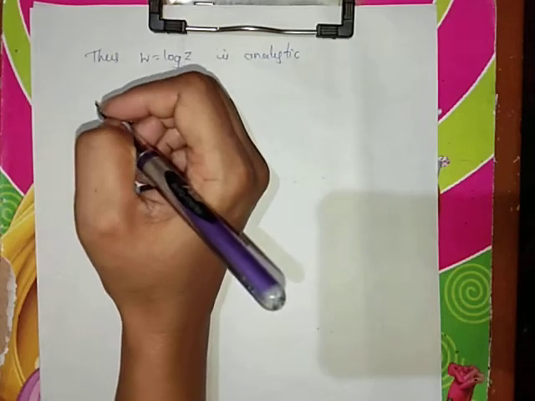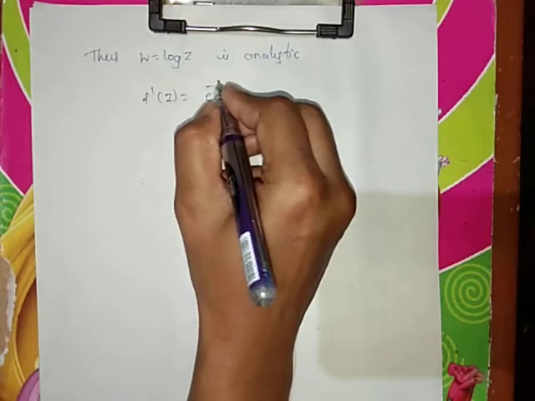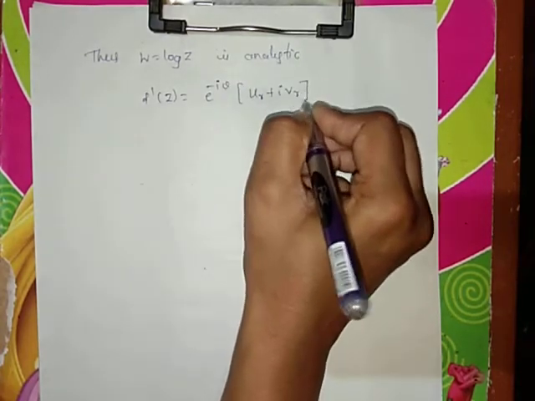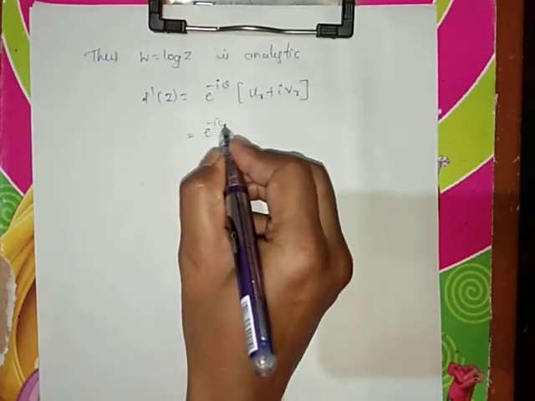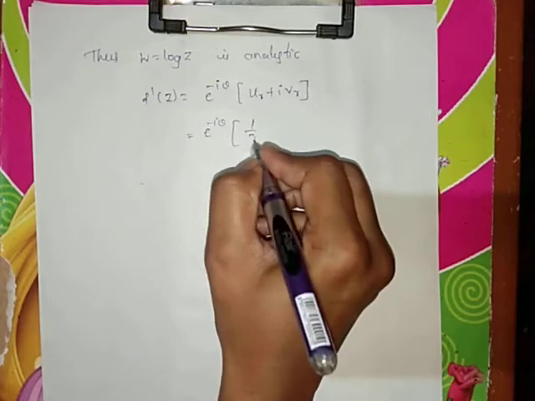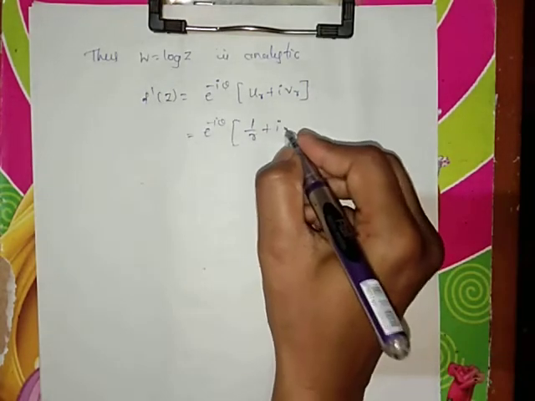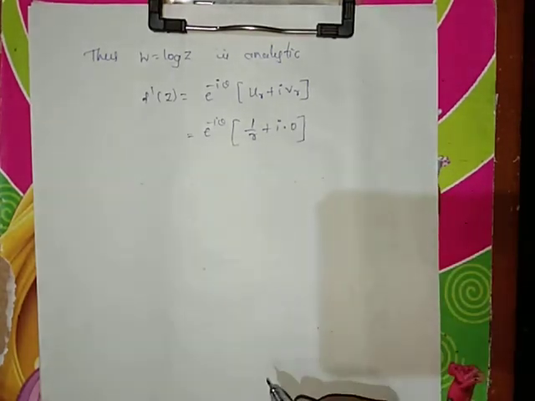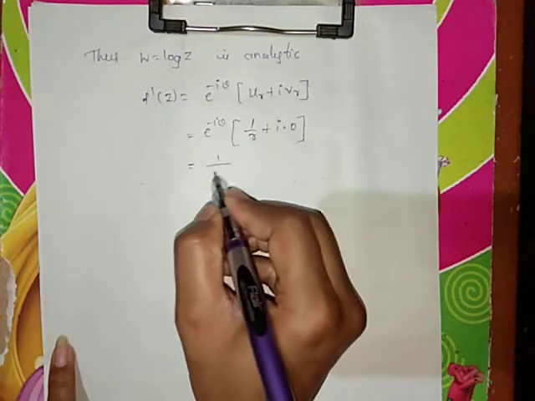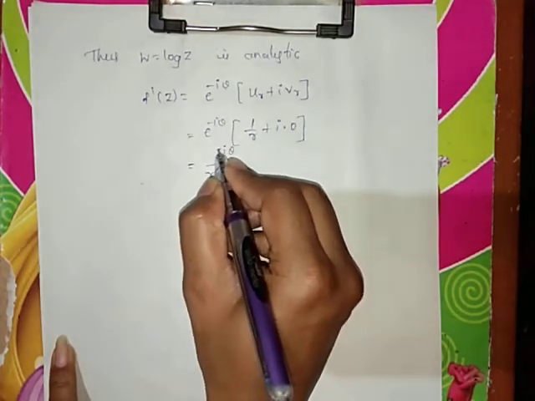So now we have to find out f dash of z. f dash of z in the polar form is e raised to minus i theta into u r plus i into v r. Here we have already found u r. u r is 1 by r, plus i into v r, which is 0. So the function is 1 by r into e raised to minus i theta.